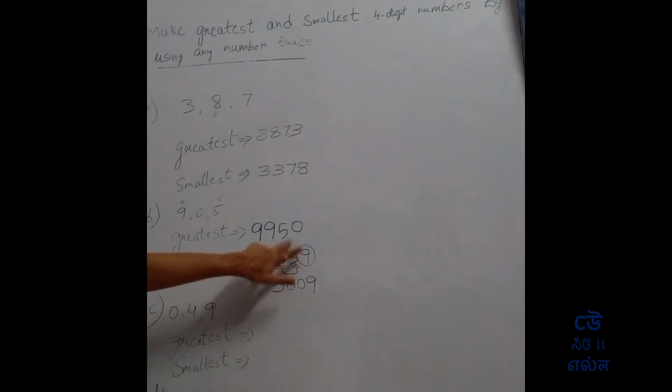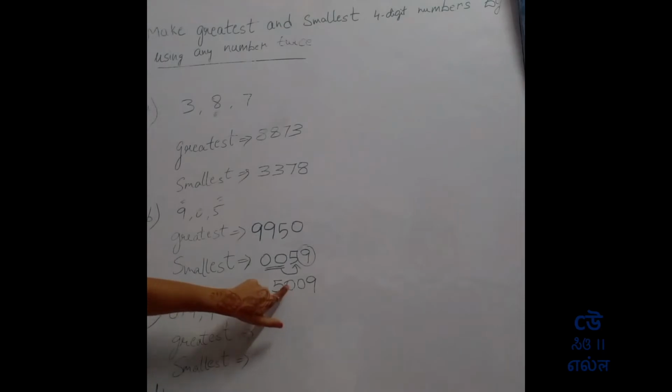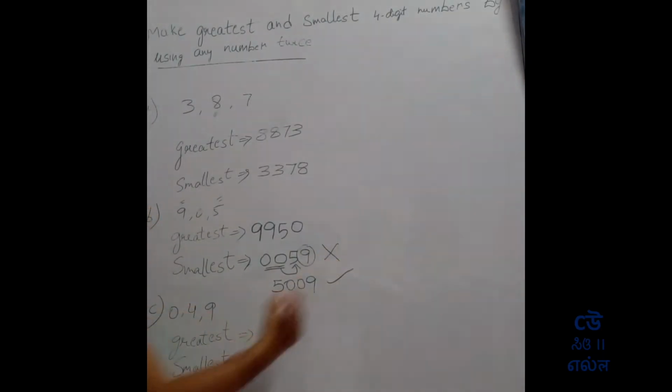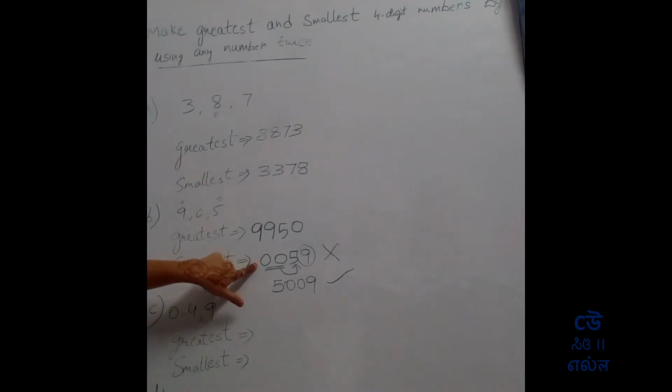The zeros are shifted here, so the number we formed is 5009. The earlier one is wrong, this is correct. The number we form should not start with 0, so we have to shift the zeros after the next digit. Understood?